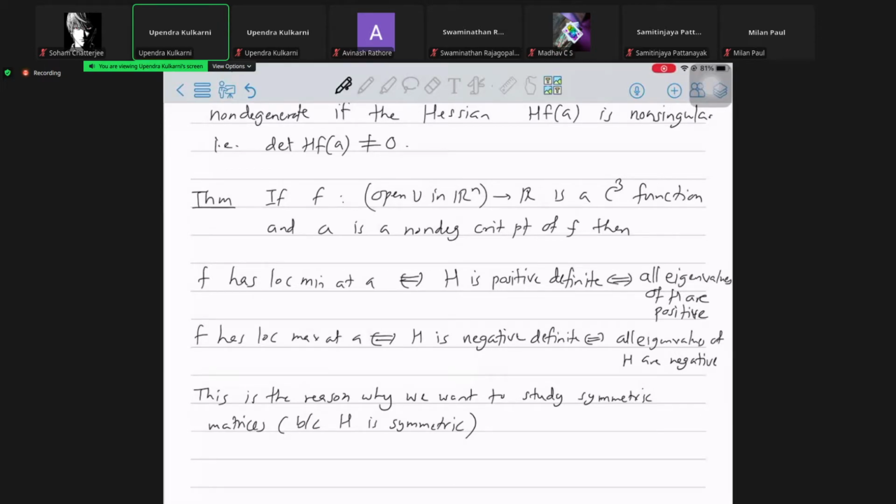And the form itself, when you switch the variables, becomes the conjugate of itself. This is how you show that if the eigenvalue is lambda, then it is also equal to lambda bar. Go and see this proof.